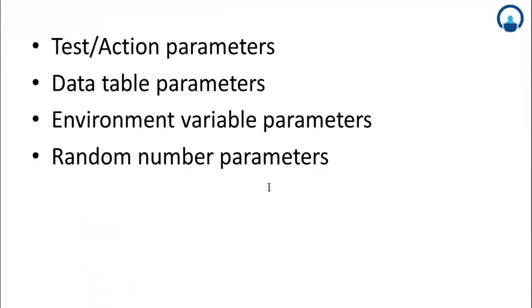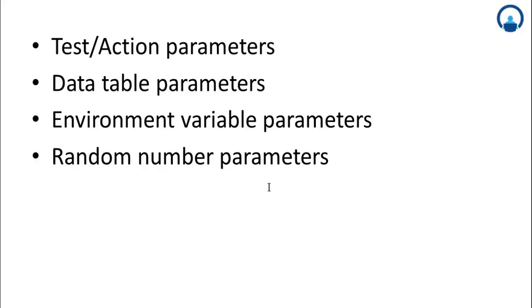So we have covered test action parameters, the first one, and the third one, environment variable parameters. Now we'll see random number parameters, since data table parameters is a big chapter and a separate chapter in itself. So first we'll see what are random number parameters.